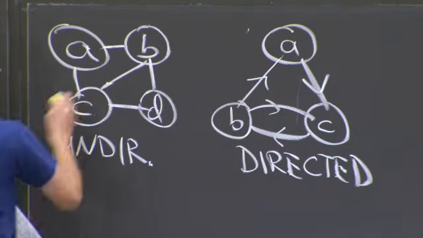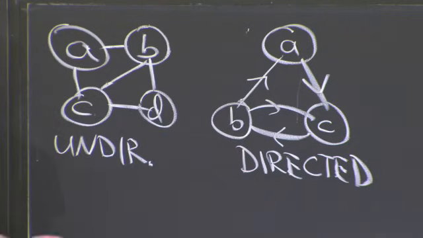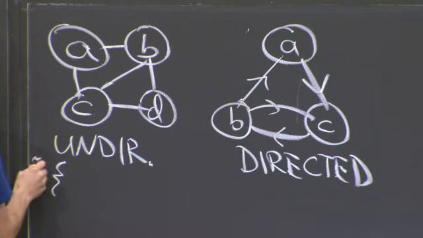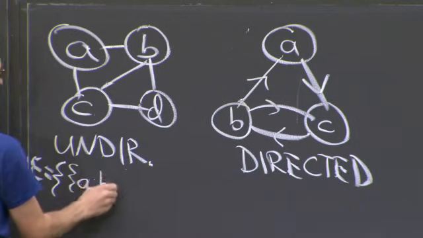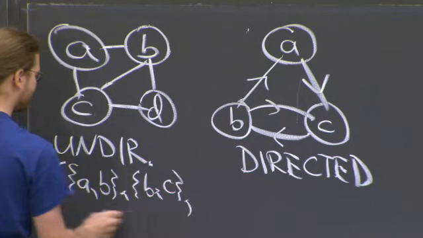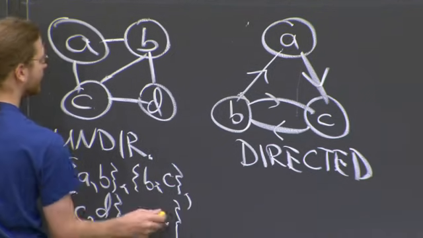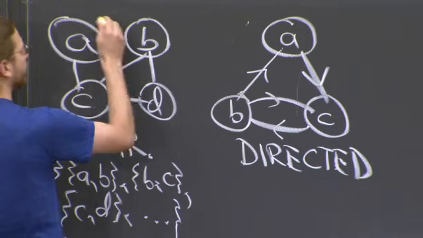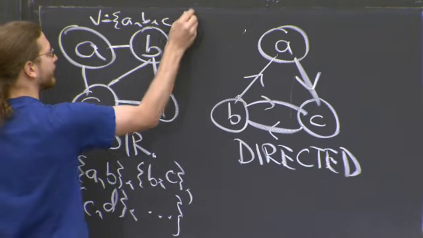The set of vertices here is A, B, C, D. The set of vertices here is A, B, C. The set of edges here, so E, is going to be things like AB, BC, CD. I think you get the idea. Just for completeness, V is ABCD, just so you remember notation and so on.